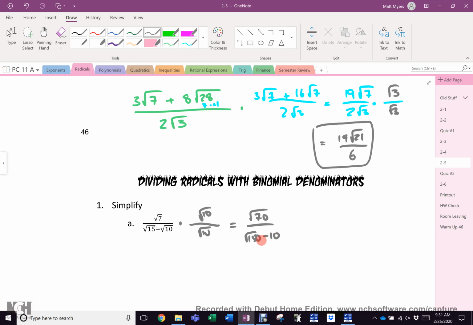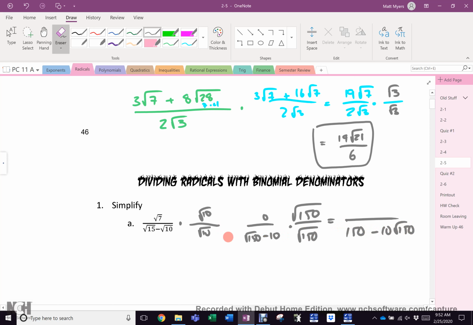Don't write it down, just what do you think you could do? I could multiply by root 150 over root 150, right? Which would then get me 150 times 150 is 150, right? But it would get me minus 10 root 150. I'm still stuck with a root 150. So I cannot do that. So give me another idea.